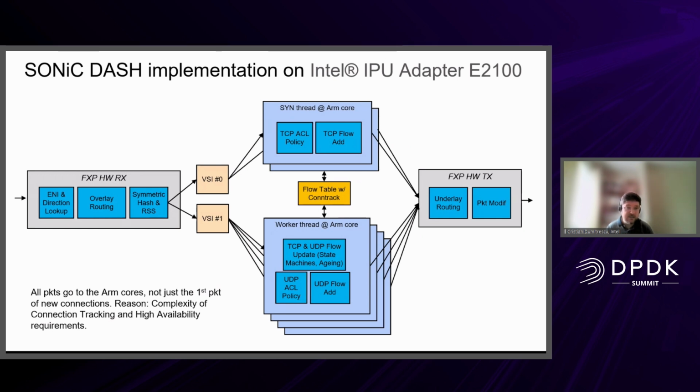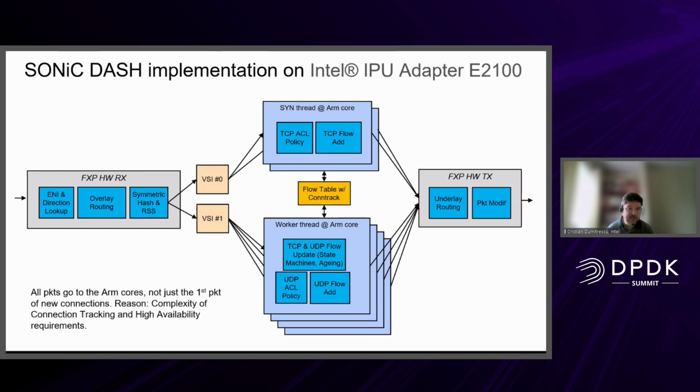That's not the case here. Due to the complexity of the connection tracking requirements and the high availability requirements, we decided to actually do the flow table lookup and connection tracking on the ARM cores.